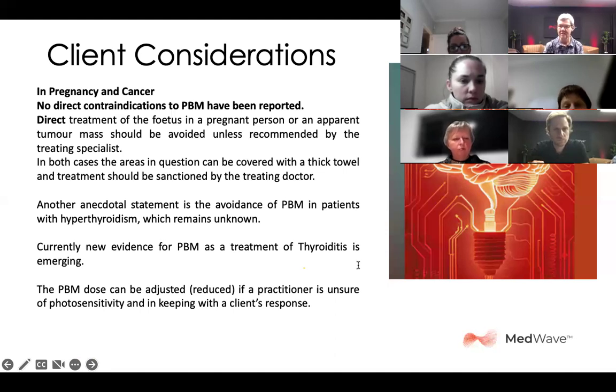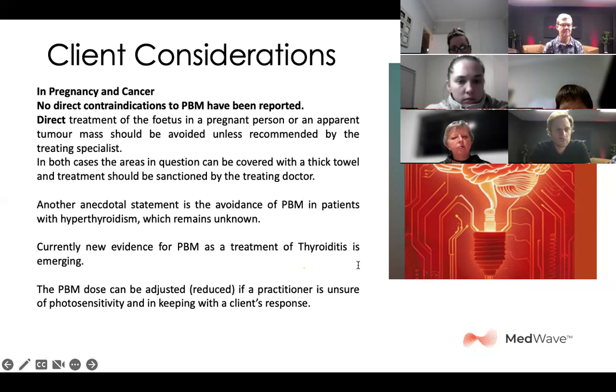There are no direct contraindications in the literature to photobiomodulation in either of those conditions, but emotionally, people can get very tied up about, is this okay, isn't it? Let's just not do direct treatment of the fetus in a pregnant woman or directly over an apparent tumor mass, unless the specialist has said, okay, go ahead.